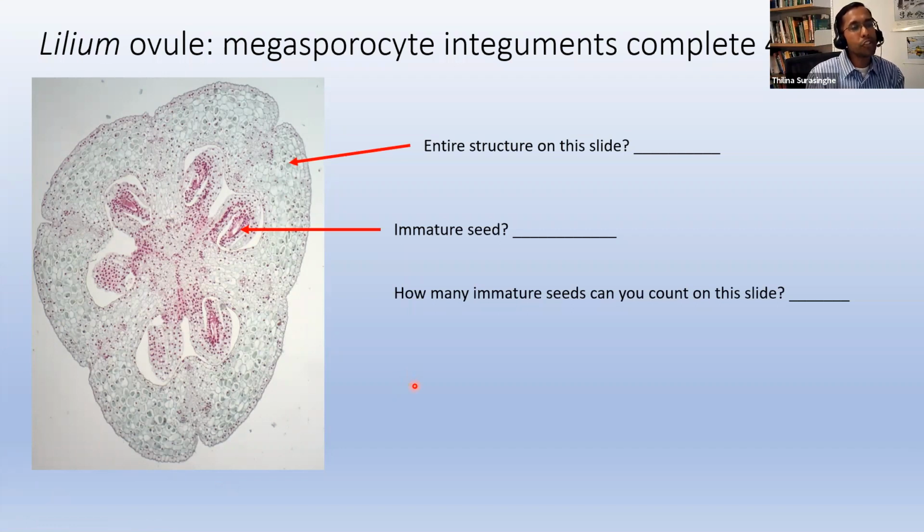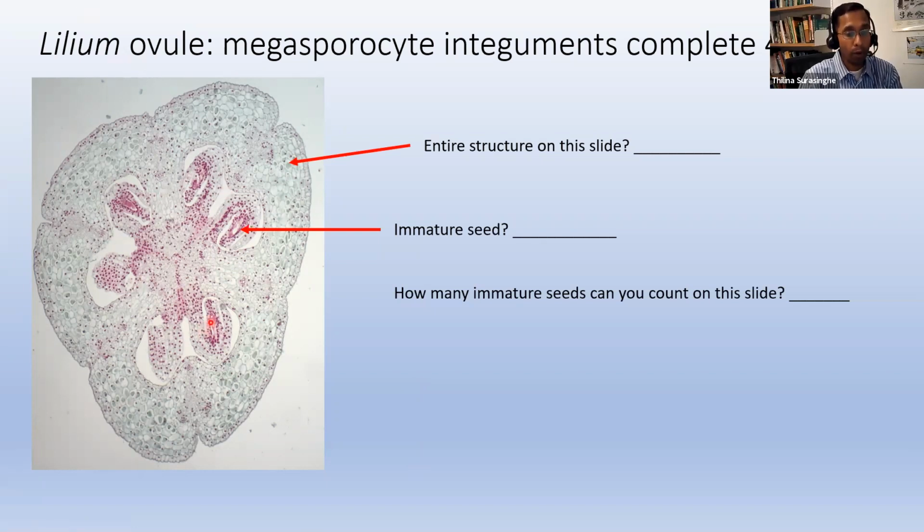How many seeds do you think that you can get out of this particular ovary? Anyone want to make a guess? 6. Yeah, that's correct. How 6? Well, there are 3 carpels.